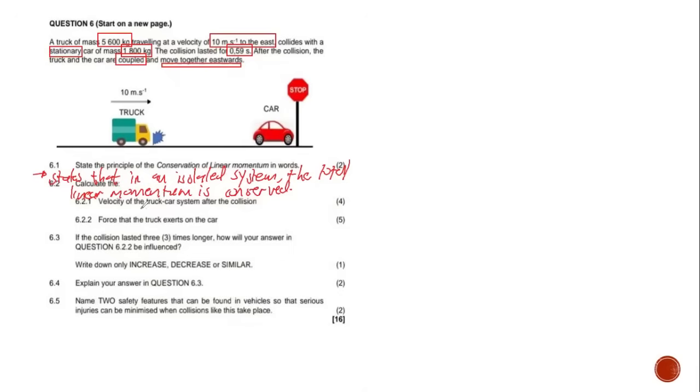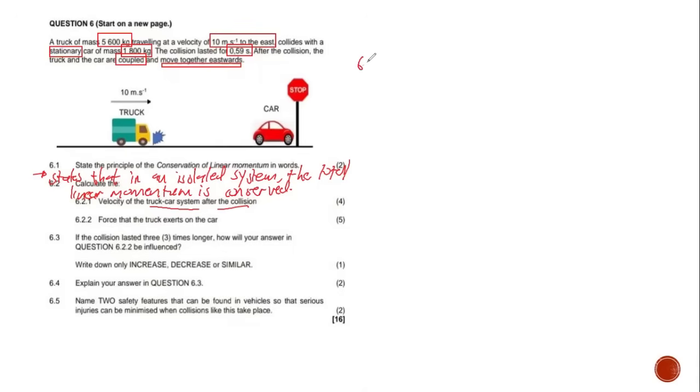Then 6.2.1, velocity of the truck-car system after the collision, meaning they're looking for the combined velocity after they're now coupled together, right? So as we can see, this is our case number 2. Objects were moving separately before collision. Then after the collision, they now move together as a unit.